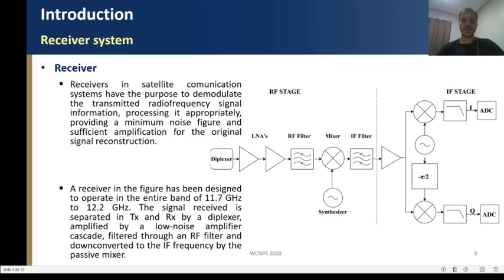Receivers in a satellite communication system have the purpose of demodulating the transmitted radio frequency signal information, processing it appropriately, providing a minimum noise figure and sufficient amplification for the original signal reconstruction.